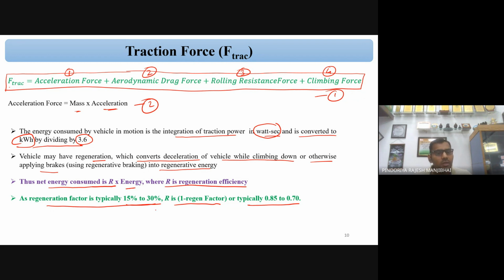Research is still going on, and people are trying to get more energy from regenerative braking. So the most important figure is 50 to 30%, in the form of regenerative energy. The other energy is lost in the form of heat losses, mechanical friction losses, and electrical losses.